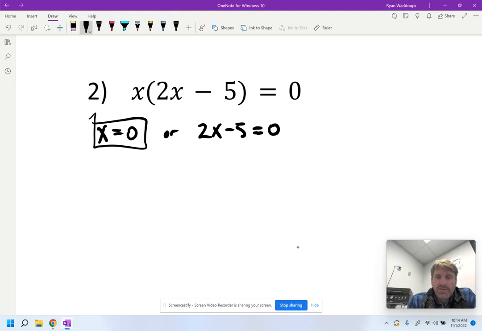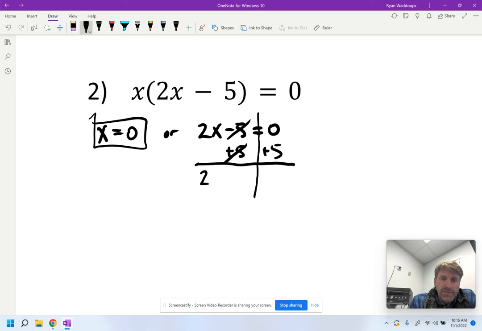But in the case of 2x minus 5, I need to go through and solve that equation. So first I get rid of the part that doesn't have the variable, minus 5. I would do that by adding 5 to both sides. That leaves 2x is equal to 0 plus 5, which is 5. And then the opposite of multiplying by 2 is divide by 2.